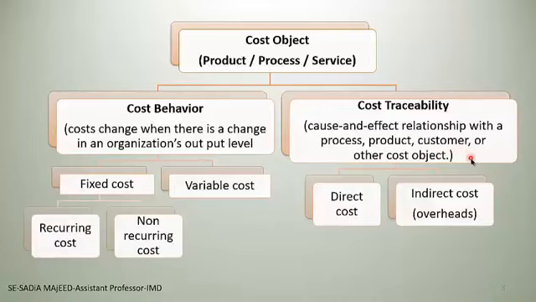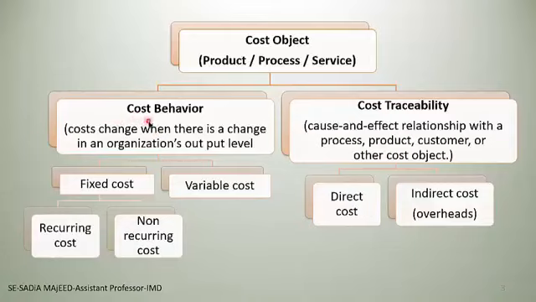Whenever we are classifying or defining cost on the basis of the cause and effect relationship, that means we are using the classifications of cost traceability, and whenever we are defining the cost on the basis of change in the output level, that means we are defining the cost on the basis of its behavior.